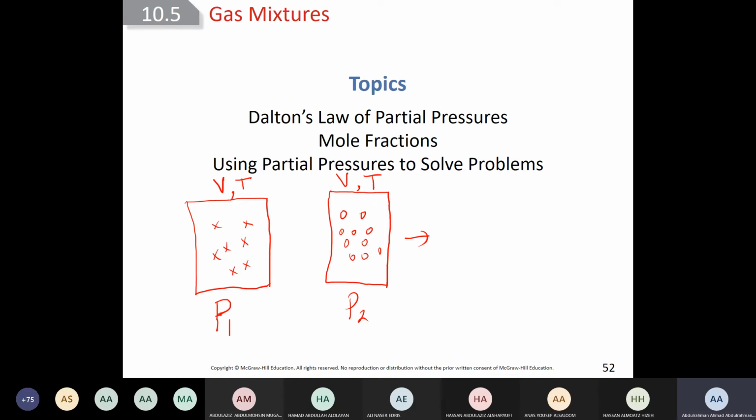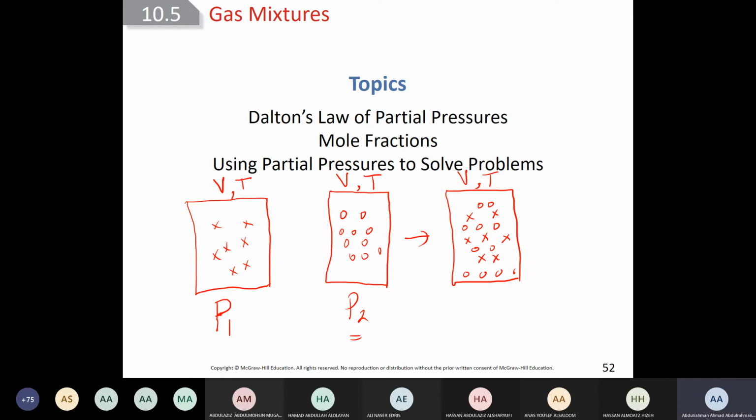I took the gas from P2 and added it to this box. So we have the same box, same volume, same temperature, but now the X is mixed with the O.